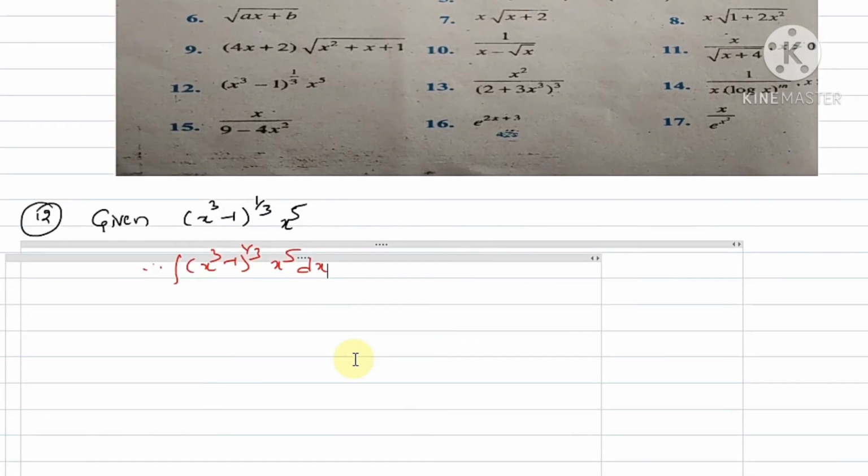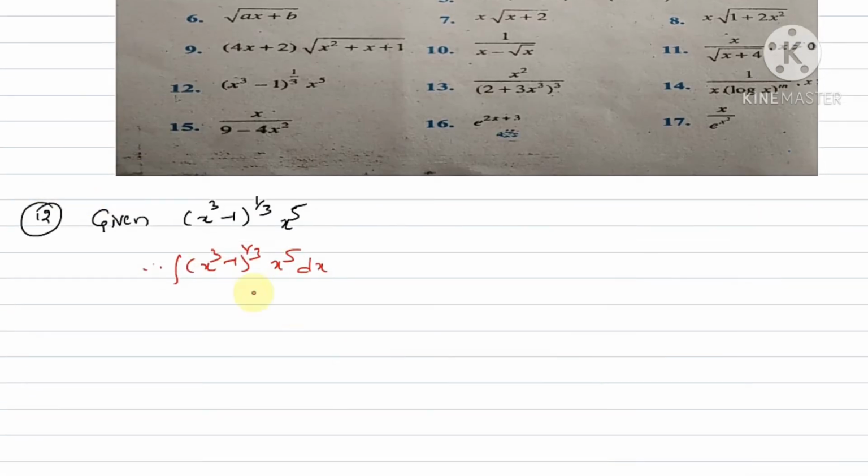Clear? Now my substitution is: let x cube minus 1 equal to t, which implies x cube is t plus 1.